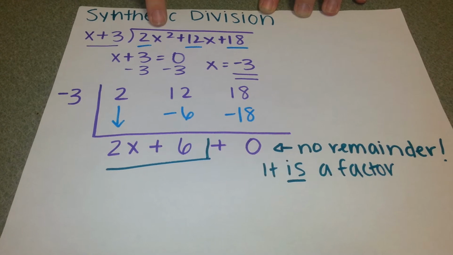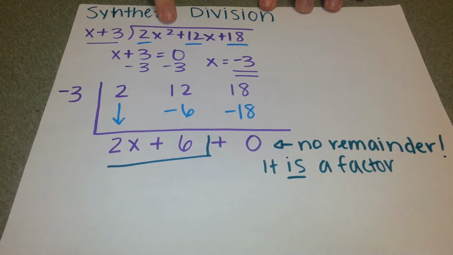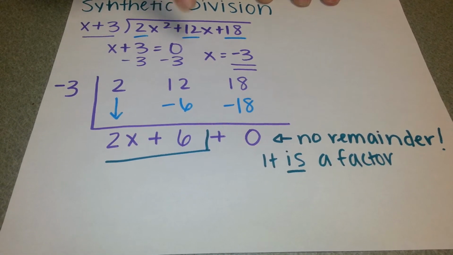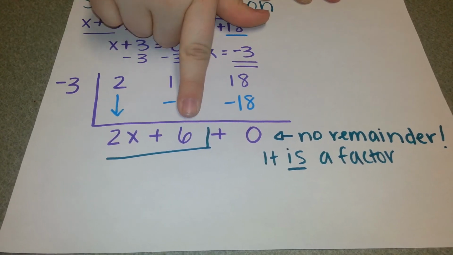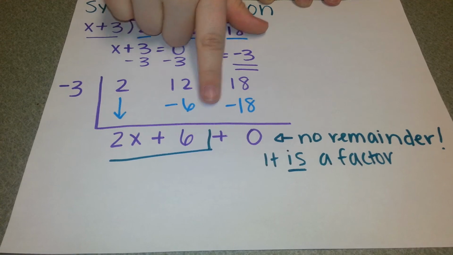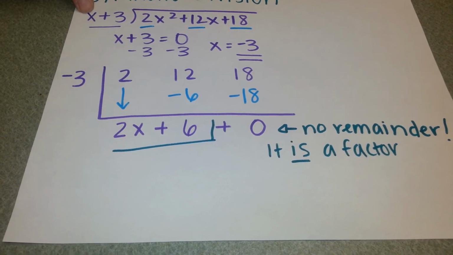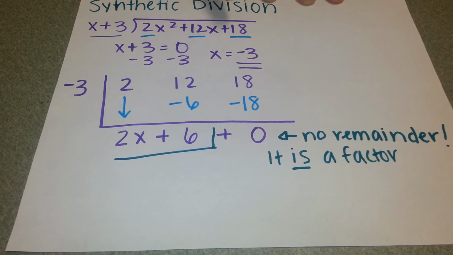Now you take this variable and you take one off of the exponents and you put it here. So 2x squared without one of the x's is 2x, and you have them decreasing as you go on, which means this doesn't have an x on it. Your answer is 2x plus 6, which means that this x plus 3 is a factor of 2x squared plus 12x plus 18.